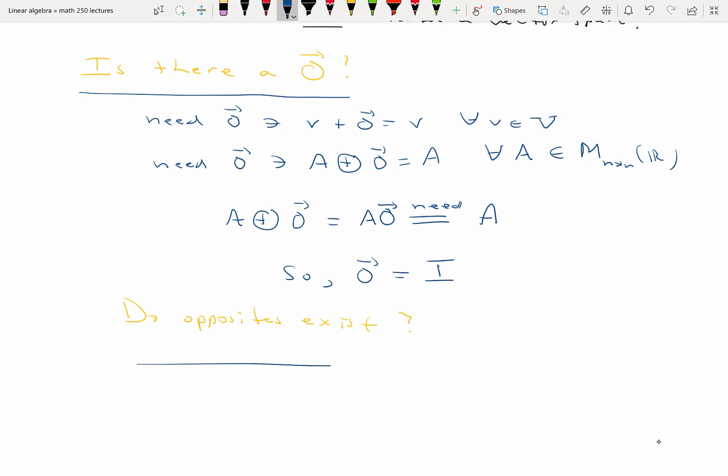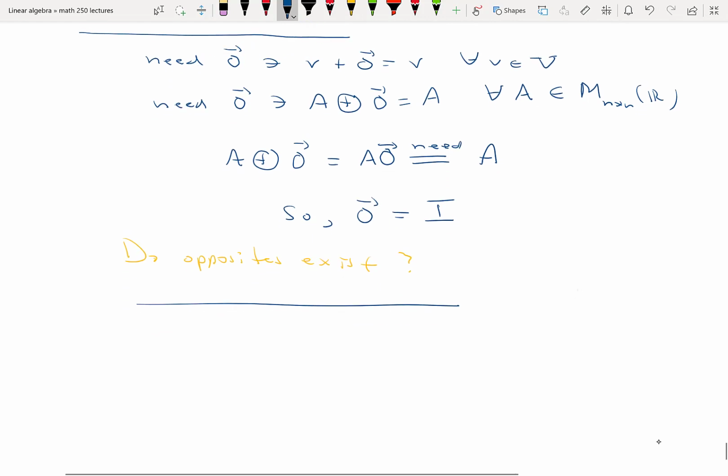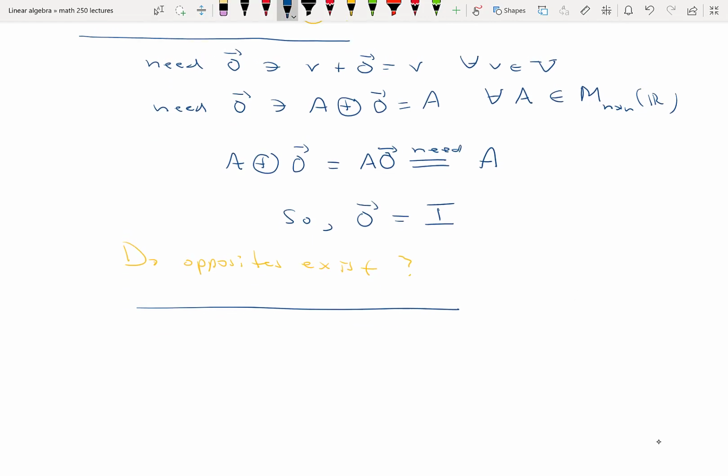I don't know. Let's see. I need that for every vector in the vector space, there exists the opposite of a vector in the vector space such that V plus the opposite of V is the zero vector. That's what we need.